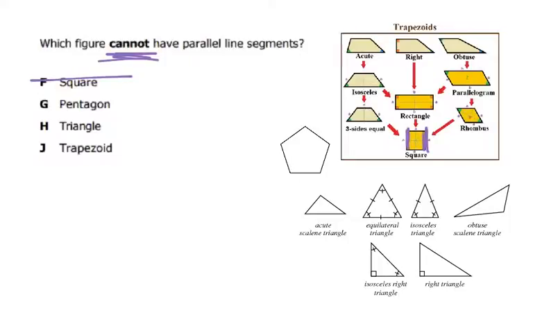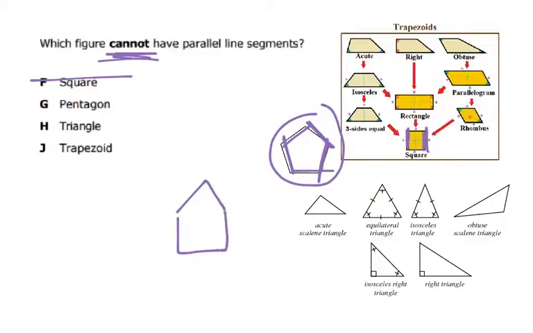Now, the next one says pentagon. Right here, I have a picture of a pentagon. And really, none of these line segments are ever going to intersect, so they would be parallel. However, the definition of a pentagon is just a 5-sided shape. So I can draw a pentagon that looks like a house. And guess what?